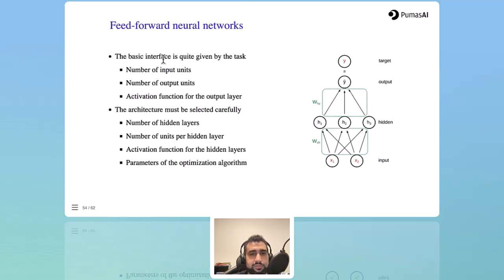The basic interface is the number of input units, as we said before, and the number of outputs, and those will be application specific depending on how many input covariates you would like to use in the neural network, whether it's time or random effects or compartments, for example, dynamic variables. This will all determine the number of inputs to your neural network.